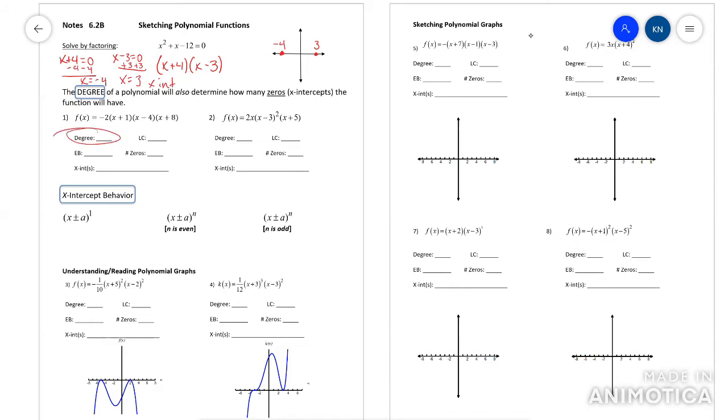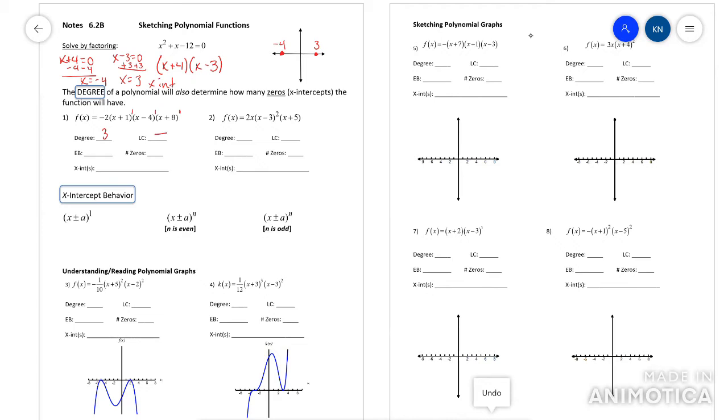Degree. If you remember from last video, the degree on a factored polynomial is the sum of its factors. So like the exponents here, give them the ones if they're missing, and then add up those exponents. So this one would be 3. LC stands for leading coefficient. In this case, it's this negative 2 here, so it is a negative number.